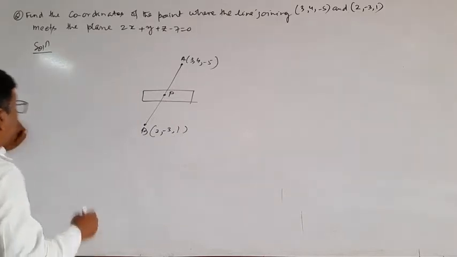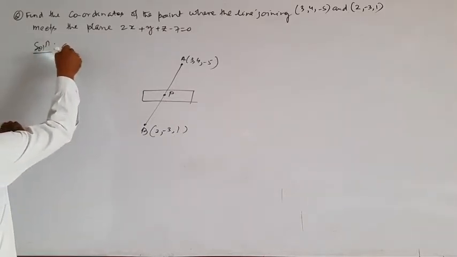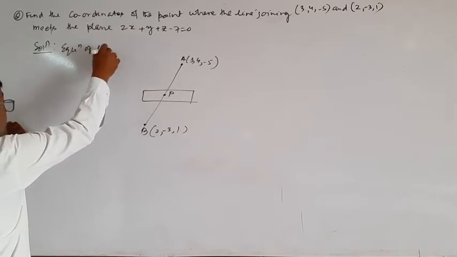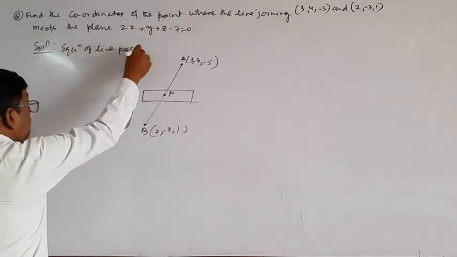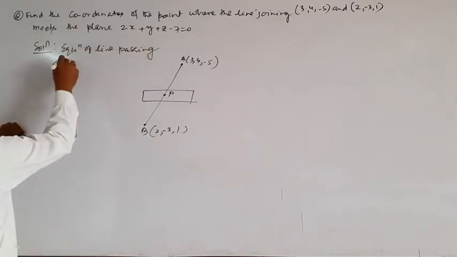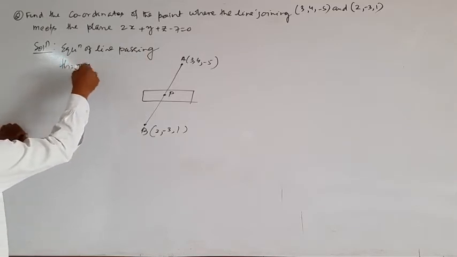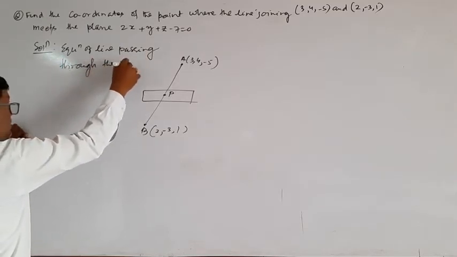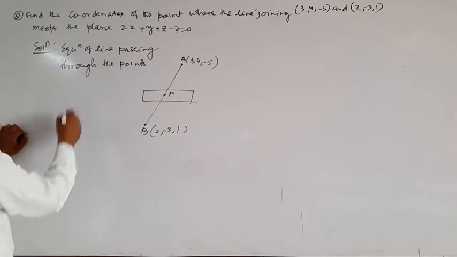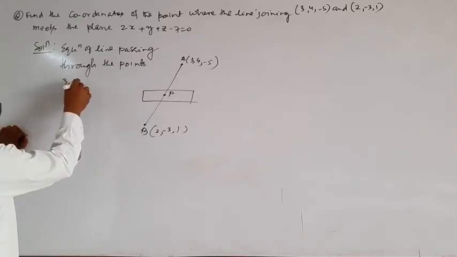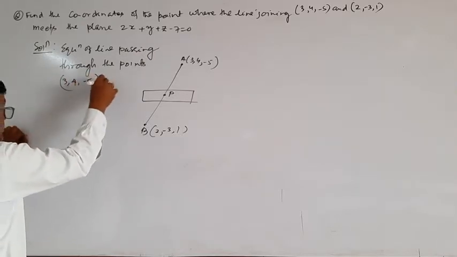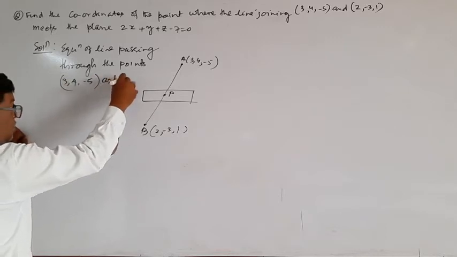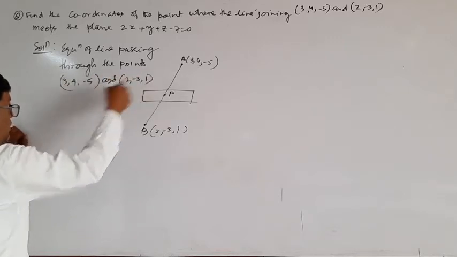So first find the equation of line passing through the points 3, 4, minus 5 and 2, minus 3, 1.